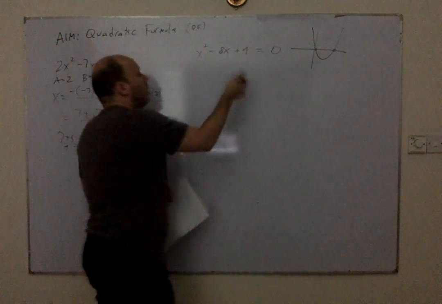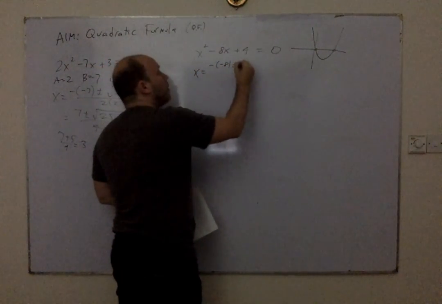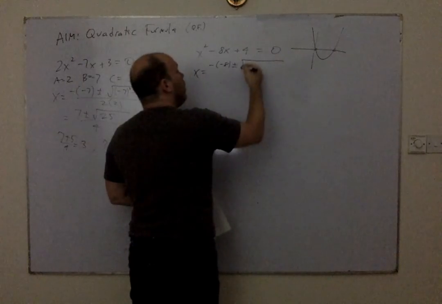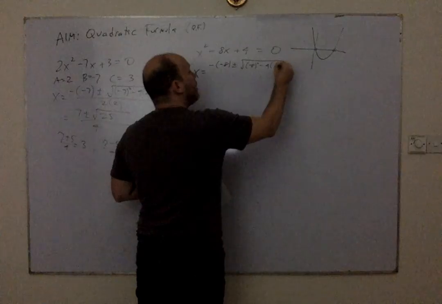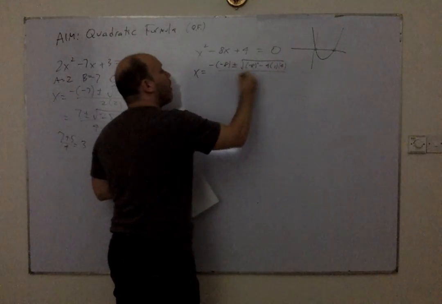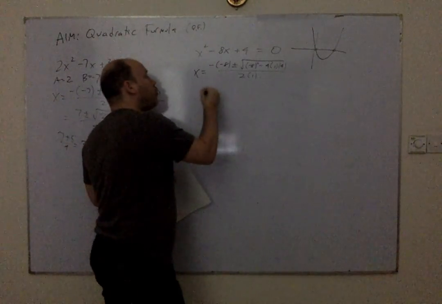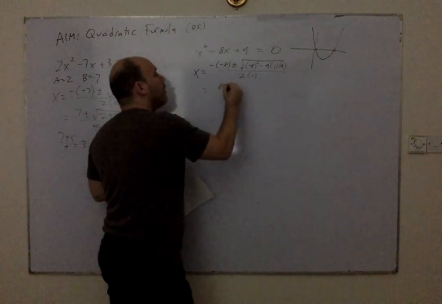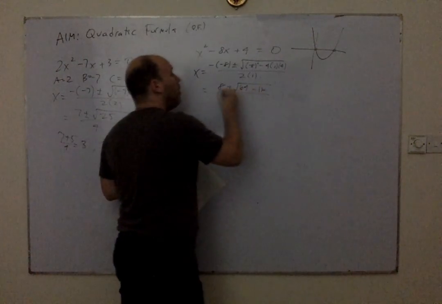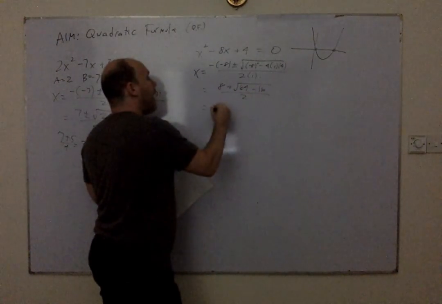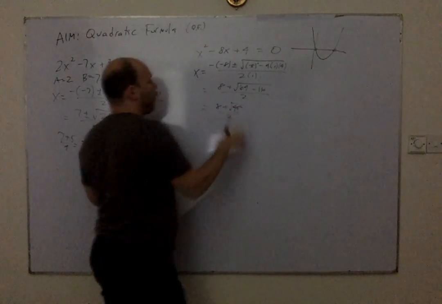So let's see what's going on here. x equals negative negative 8 plus or minus the square root of b squared minus 4ac all over 2a. So we have 8 plus or minus the square root of 64 minus 16 over 2, which is 8 plus or minus the square root of 48 over 2.